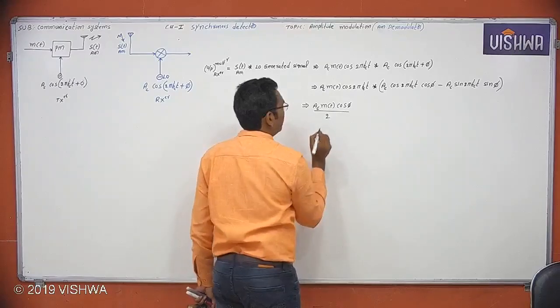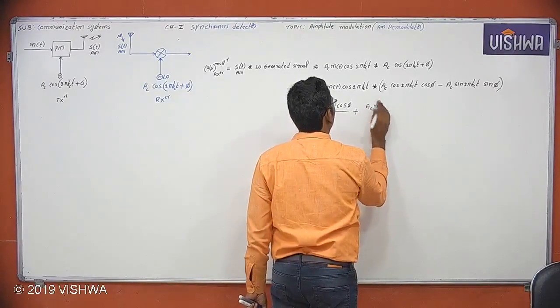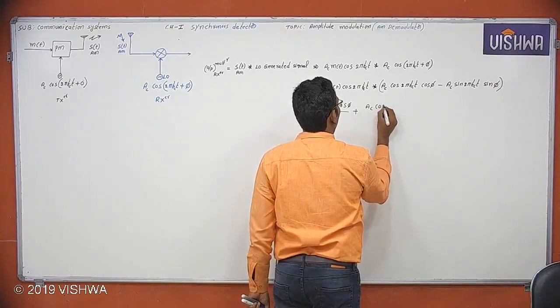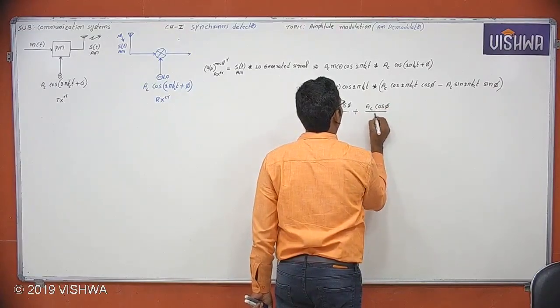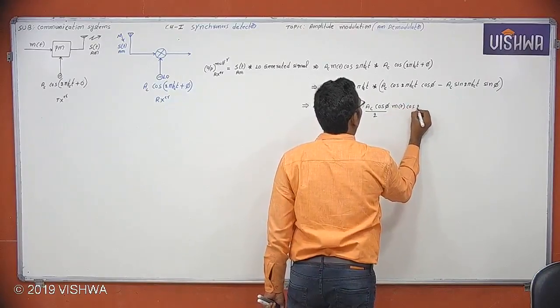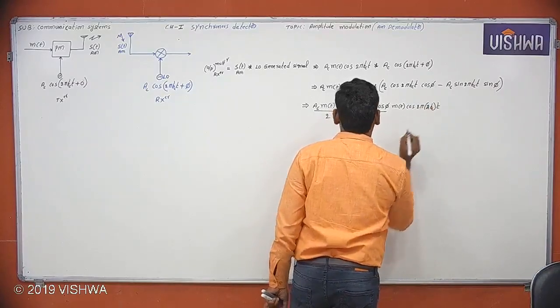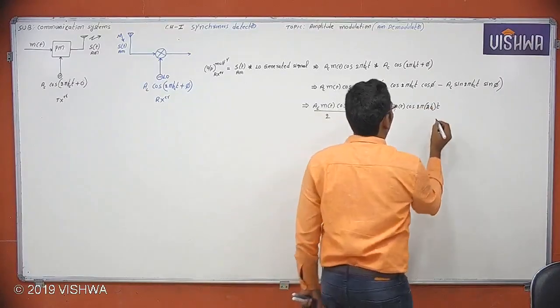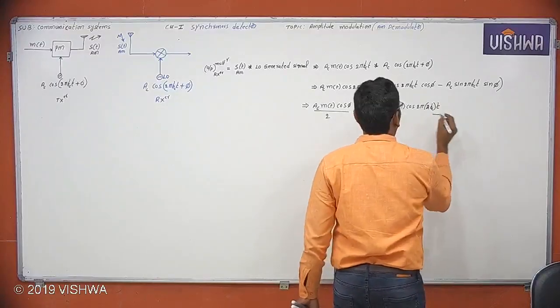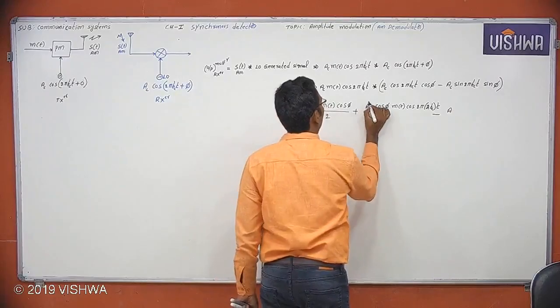Cos square is nothing but (1 plus cos 2 theta) by 2. So we get Ac cos phi by 2 m(t) cos(2 pi into 2 fc into t), now minus Ac into Ac, now this is also Ac square.